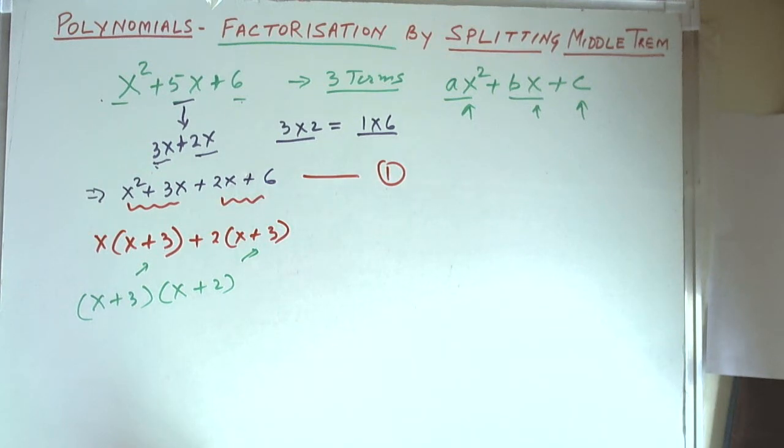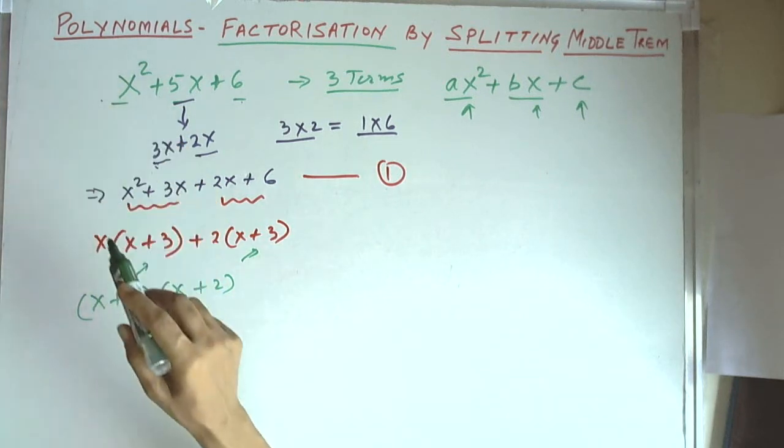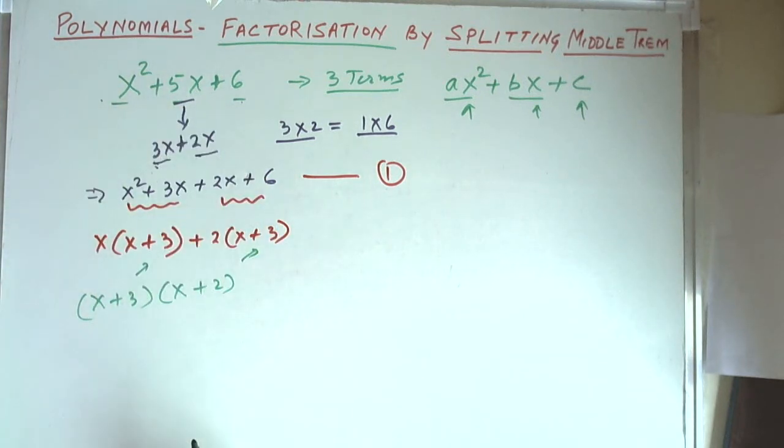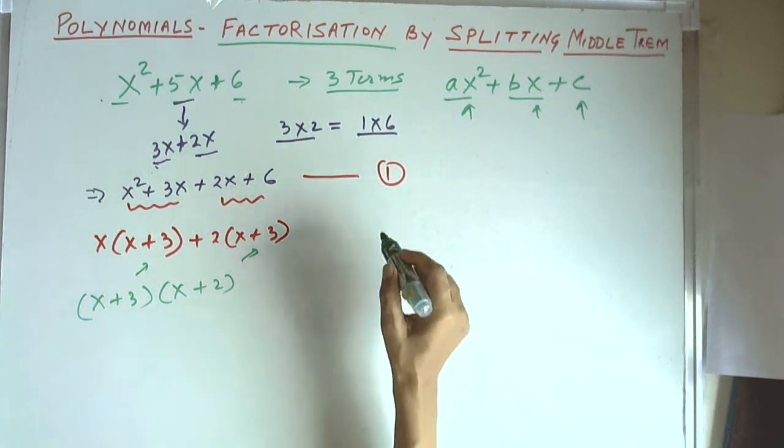So basically this method of splitting the middle term applies when we have 3 terms in the format where the first term has degree 2, the second term has degree 1, and the third term is constant. So we can do another example.